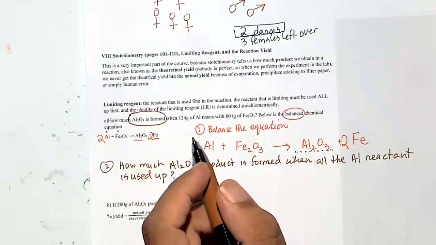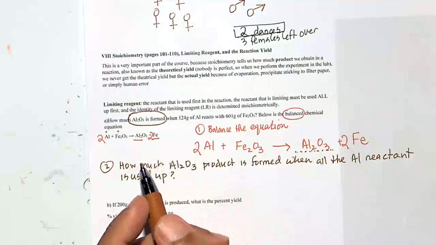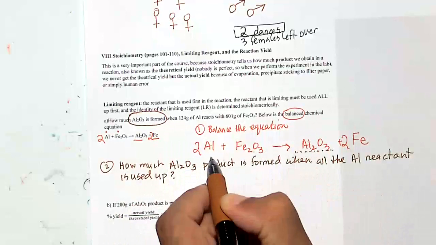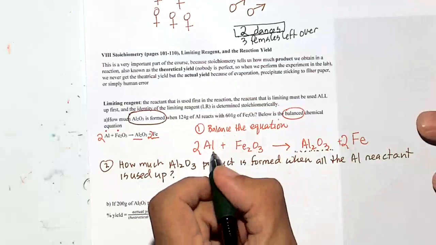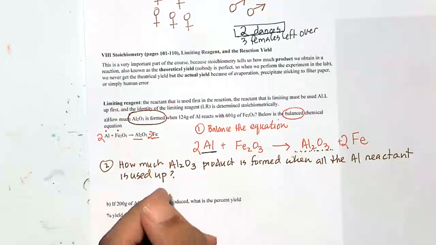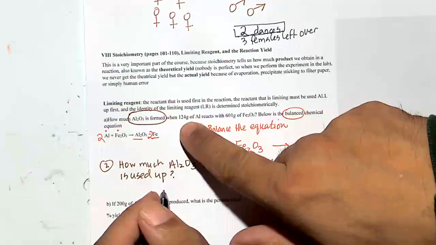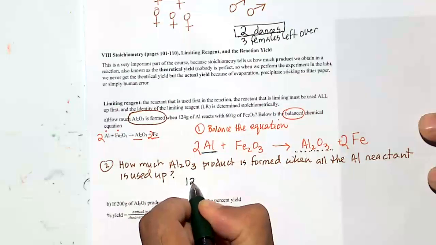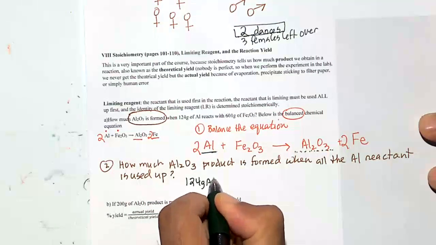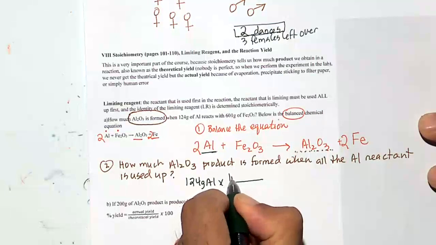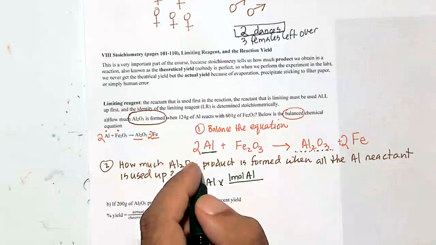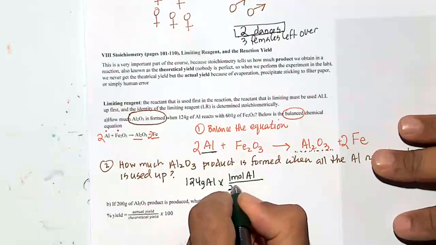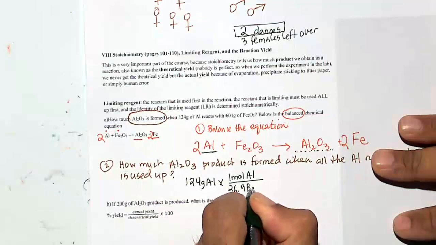One of them is going to be limiting, the other one will be excess. So how much of this product is formed when all the Al is used up? I will do that in green pen, green pen for Al. We have 124 grams of Al times 1 mole of Al, which contains about 26.98 grams of Al.